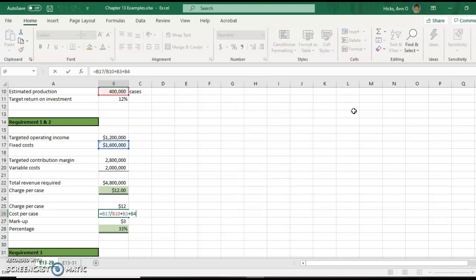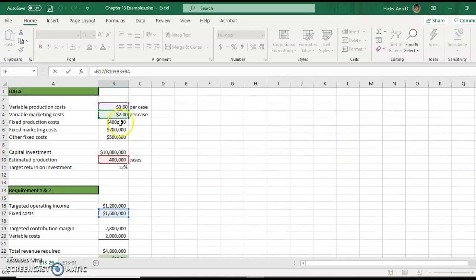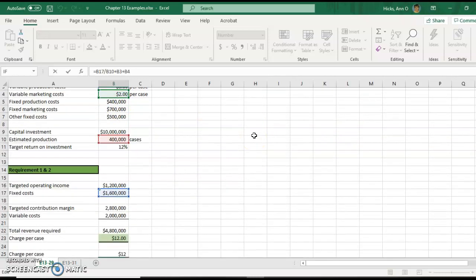So what I basically did to do that is I took the fixed costs that we've already summed up in B17 and divided that by the number of cases to come up with a per unit fixed cost. Then I just added in the variable costs from above.